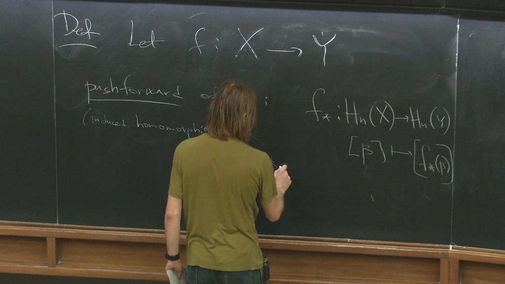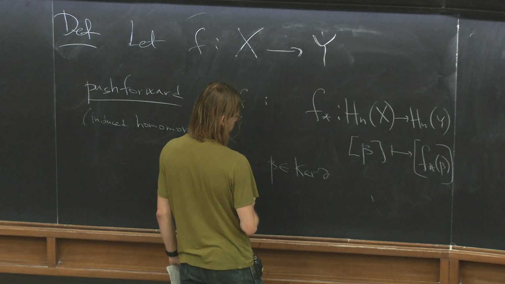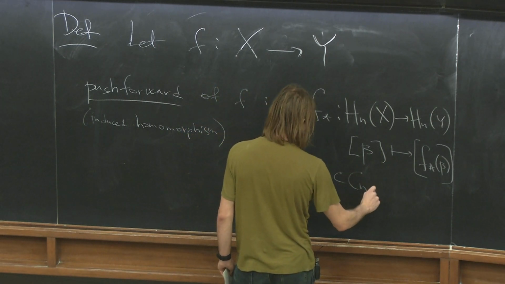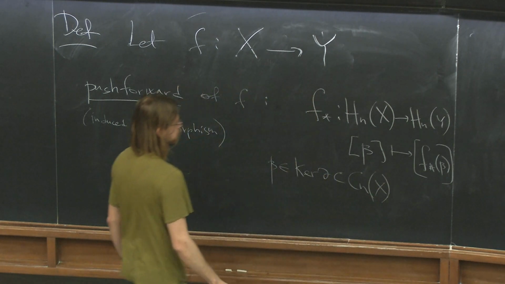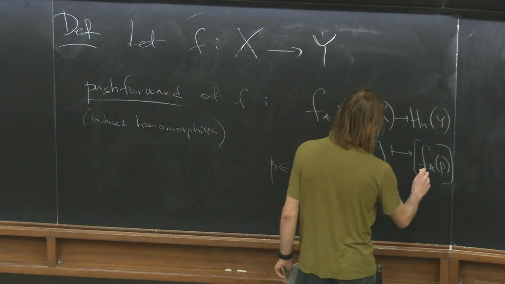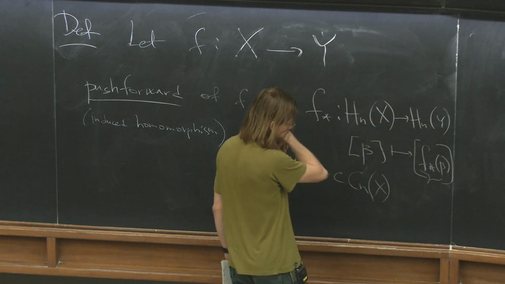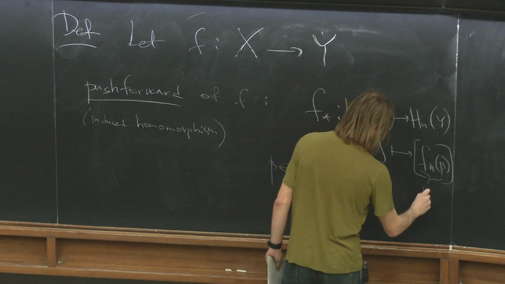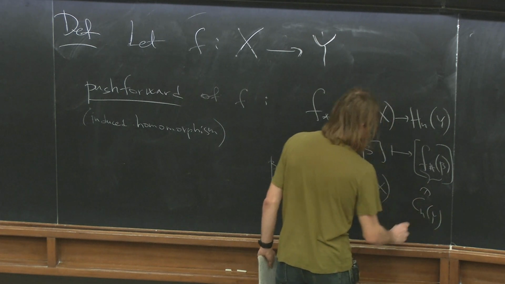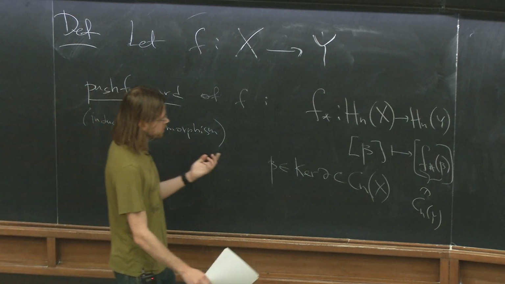Here beta is an element of the kernel of D, which is a subgroup in Cn of X. In principle, from what we know, the definition of F sharp tells us that this is some element of Cn of Y. Okay, so this is how we want to define it, but of course we need to do some checks that this actually makes sense.